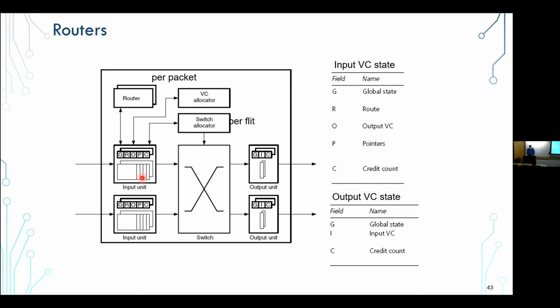Credit count goes back to the input. In the output VC, you have, again, the global state of the VC, the input VC that has gotten access to that output unit, and also the credit count, because you want to give some notion of how free that output VC is back when you're doing the allocation. Okay.